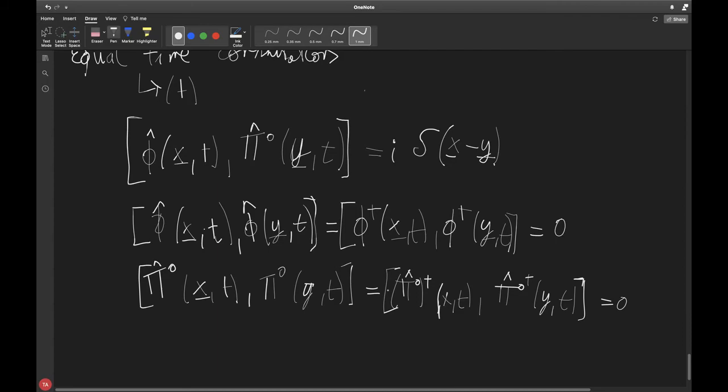Okay, so coming back to the recipe, our last step is to expand these fields as creation and annihilation operators. So that was number 3. That was number 4.